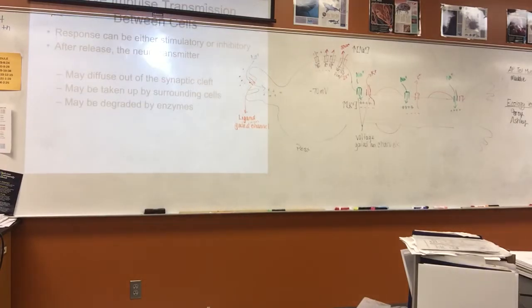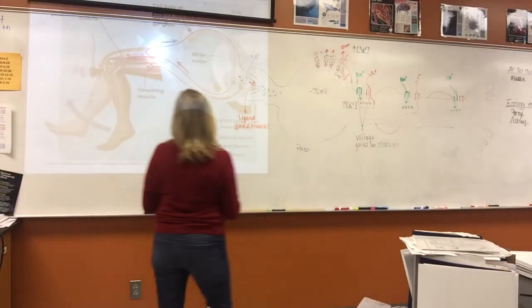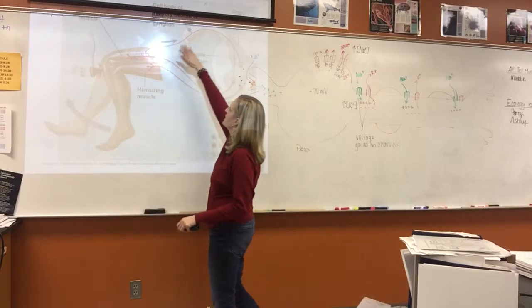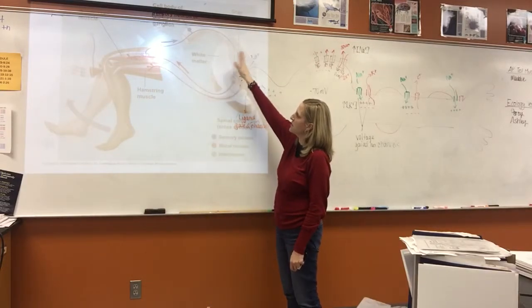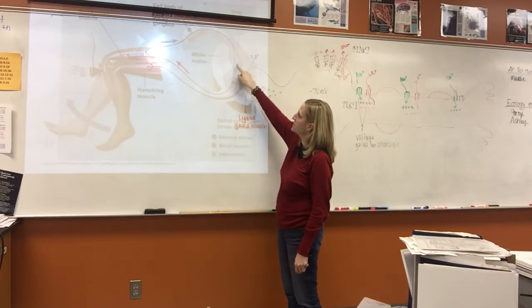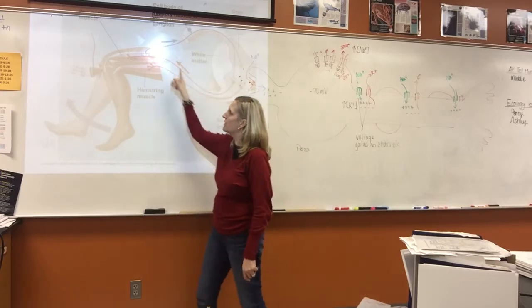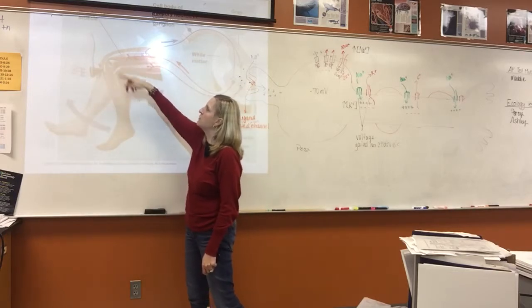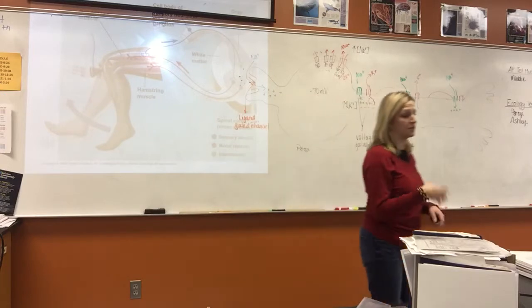The first bullet here, the response can either be stimulatory or inhibitory. I talked about this when we talked about the knee-jerk reflex. You have this sensory neuron that takes information to your spinal cord, and then that sensory neuron communicated ultimately with 2 motor neurons, one that stimulated the quadriceps to contract, one that inhibited the hamstring muscle from contracting.